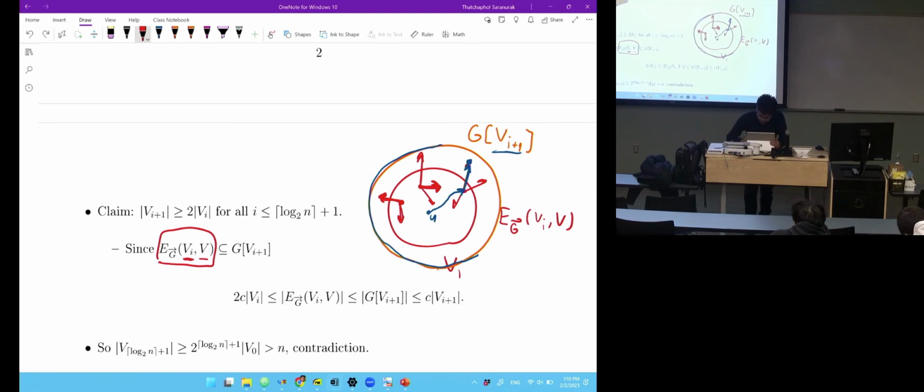The reason is that every node in V_i can be reached from u using i steps. That's just the definition of V_i. Now, what about this edge? This node here must be in V_{i+1}, just because this is a path of length at most i plus 1. Which means that this edge in particular is in this graph. In the graph induced by V_{i+1}, both endpoints are inside V_{i+1}.